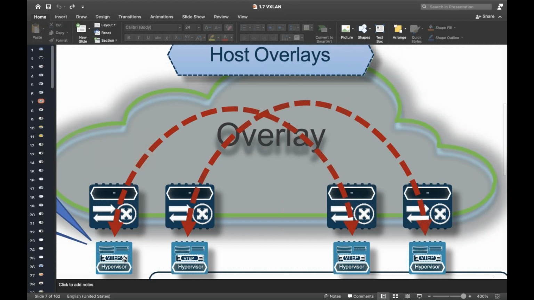This means the VTAP which you see written over here is no more a physical, this is a virtual switch. So in case you create your overlays between two or more different virtual switches, that particular overlay concept is known as host overlay.